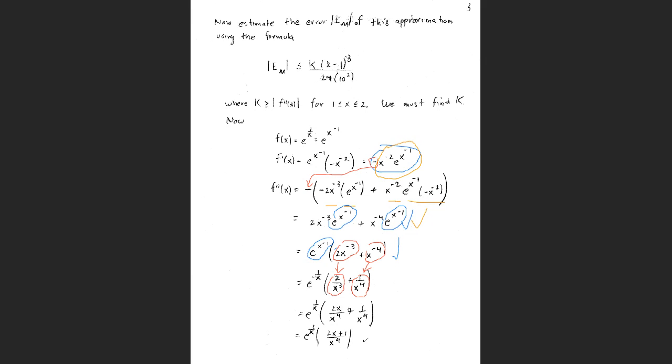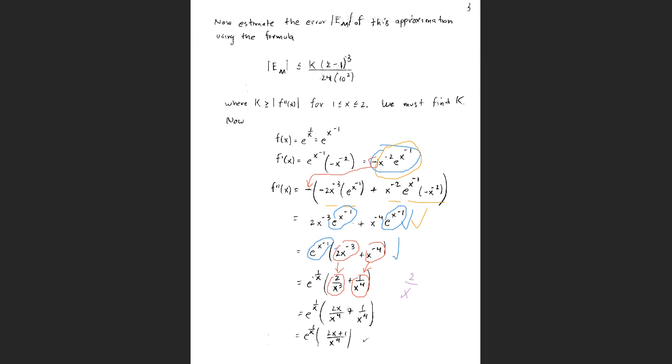And now I have two fractions that I'm going to add together. So the goal is just to get this second derivative in a nice form that I can analyze.